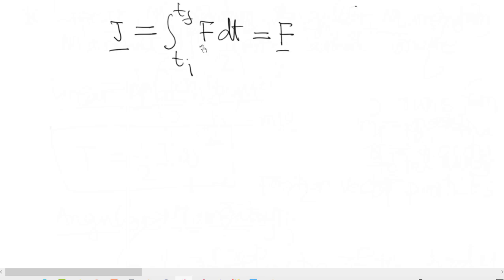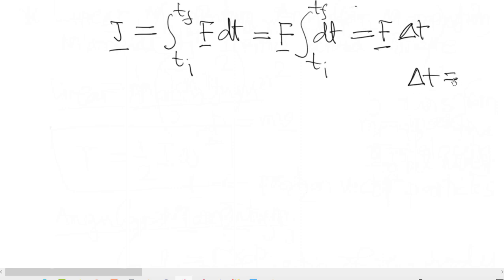If the force is constant and does not depend on time, then the impulse of force can be written as this. You can bring F outside because it is constant, and then the integral of dt from ti to tf can be written as delta t, where delta t is the time difference, tf minus ti.